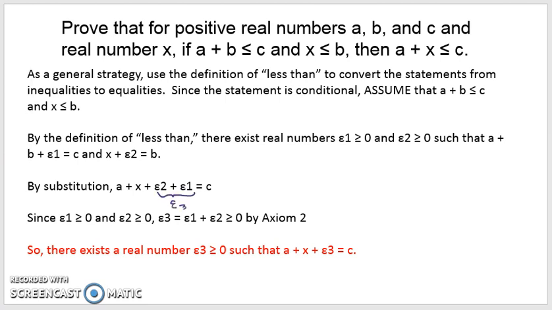So there exists some non-negative epsilon 3, greater than or equal to 0, such that A plus X plus epsilon 3 equals C. And that says, by the definition of less than, that A plus X is less than or equal to C.